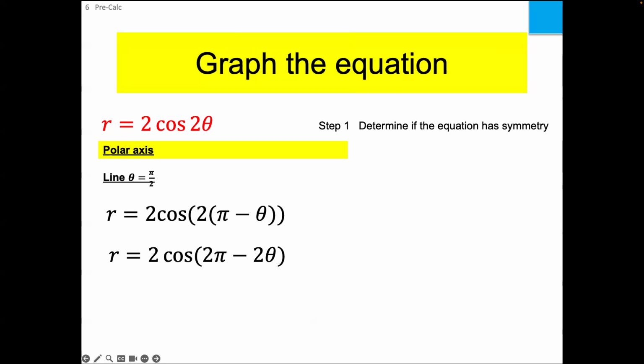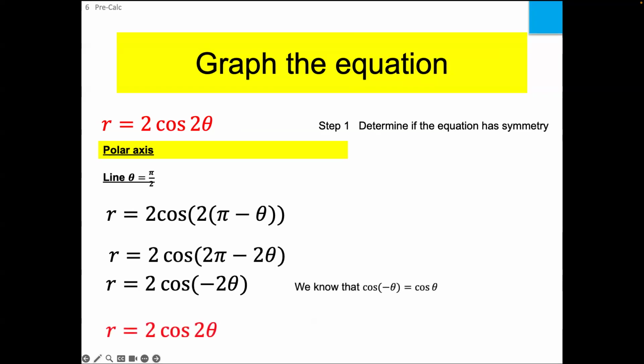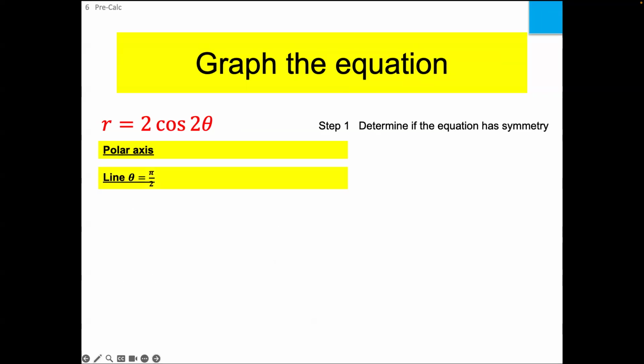When I draw cosine or sine, it repeats itself every 2 pi. So if I take 2 pi and either add or subtract it to whatever I have, this gives negative 2 theta, I'm just repeating myself. The value is going to be exactly the same, so I can literally just ignore the 2 pi. And we said that the negative for cosine disappears, so therefore, look, it's the same. So this one has 2 symmetries.